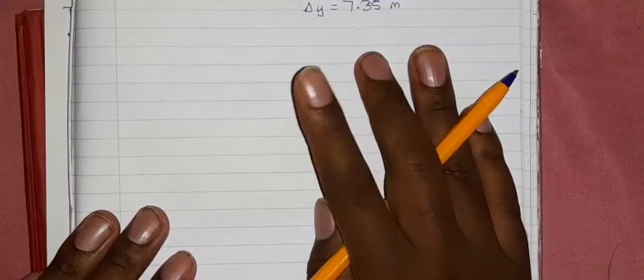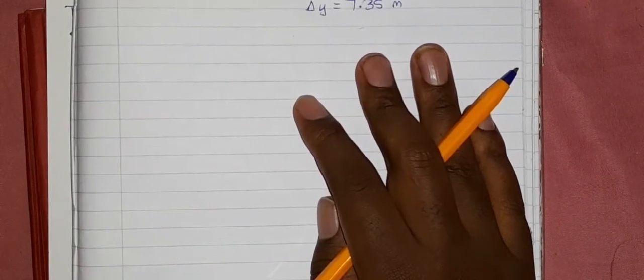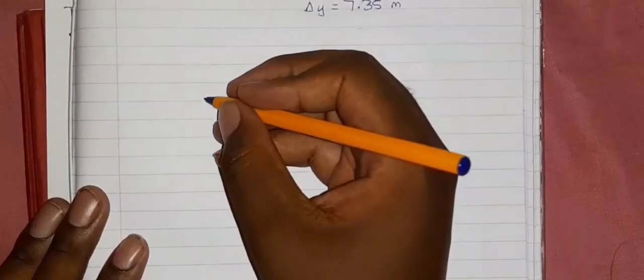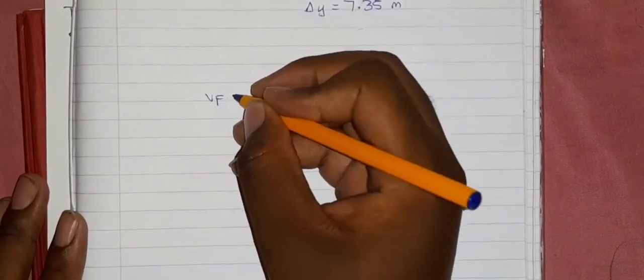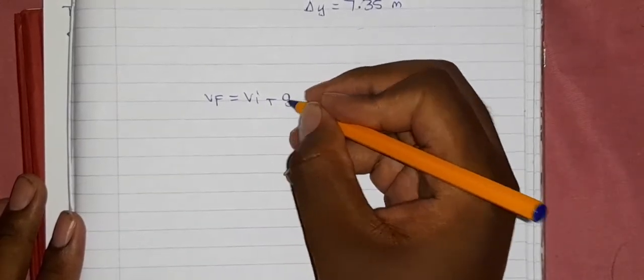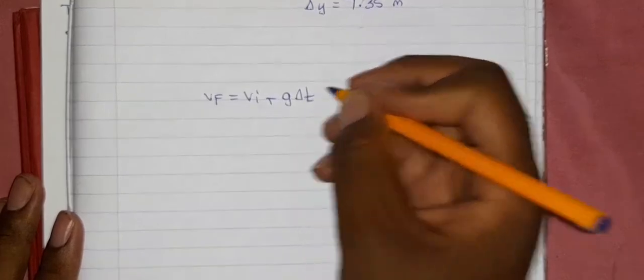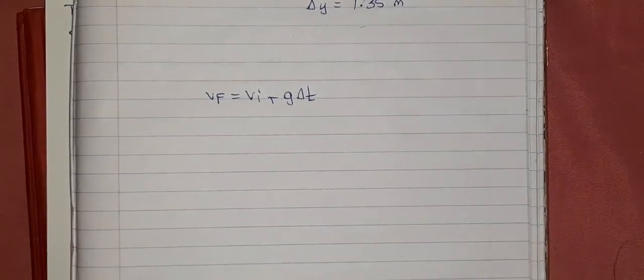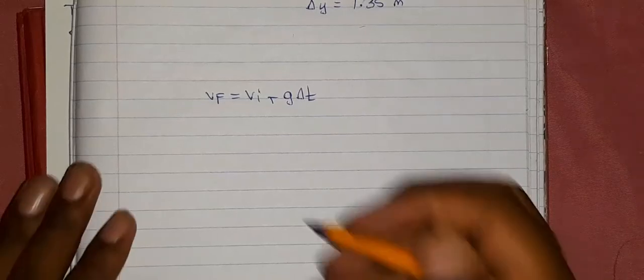Which formula are we going to use? Because we have 3 known variables, you can use any formula that has the change in time. I'm going to use the first formula, the one that says Vf equals Vi plus g change in t, and I'm going to substitute whatever we know.